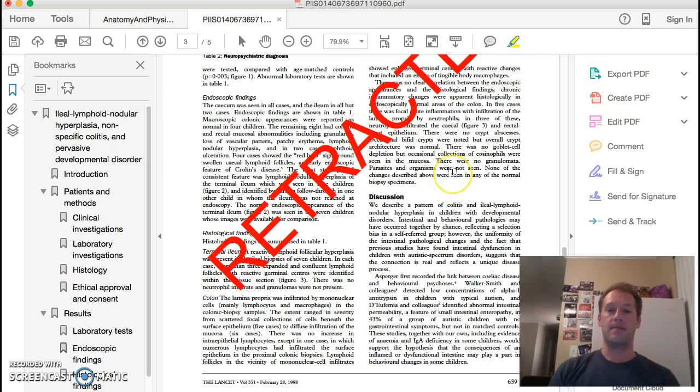Okay, these guys in this paper, there's a statement that they make in the beginning of the discussion, and I'm going to highlight it for you. They talk about these pathologies reflecting a selection bias in a self-referred group. Okay, human studies are tough. They often do these.